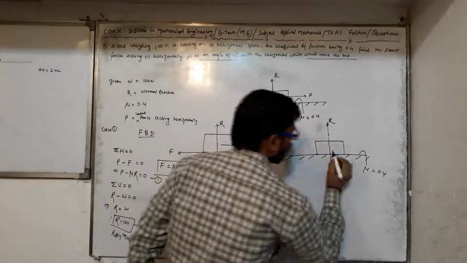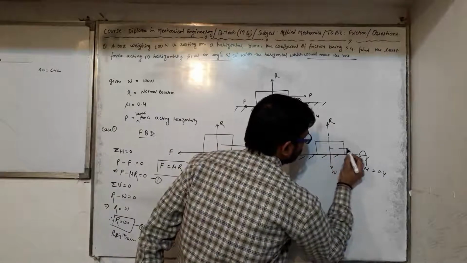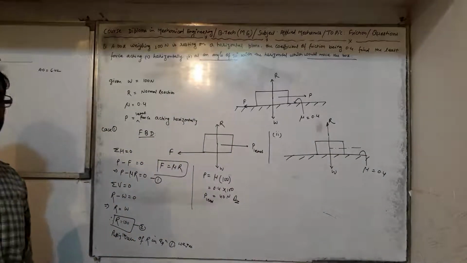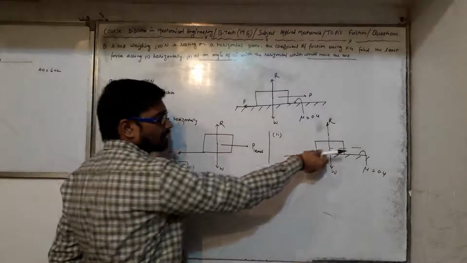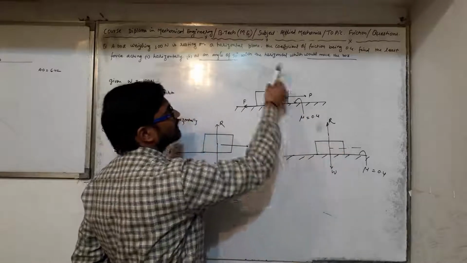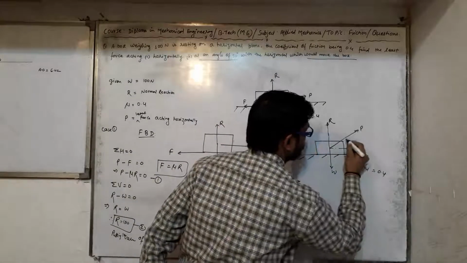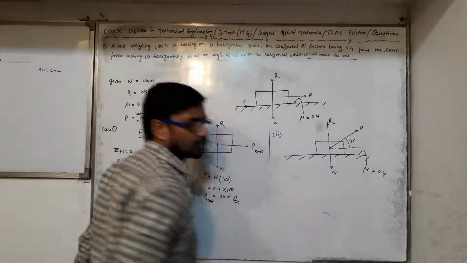And now in this case, the force applied externally is not in the horizontal direction, but makes an angle of 30 degrees with the horizontal. So let us say P is the amount of force acting on the body at an angle of 30 degrees.